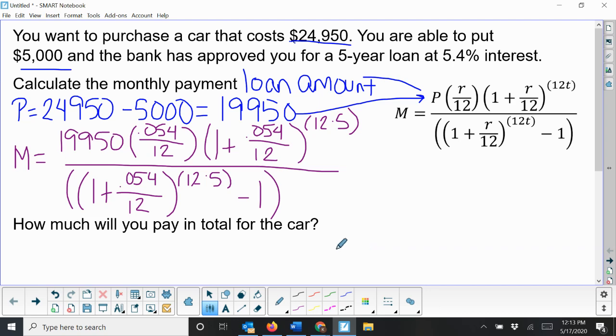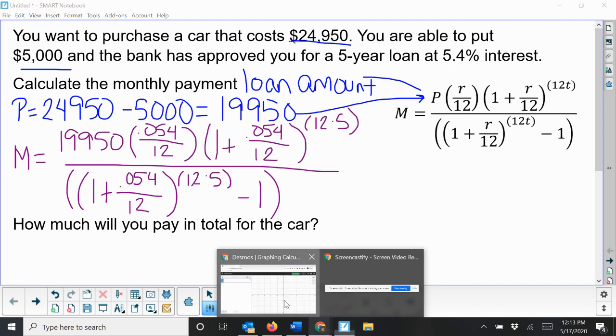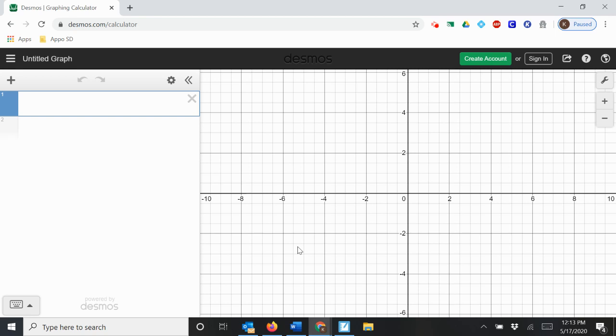So I am going to go to Desmos to type this in. We have our 19,950, divided by. To get out of the fraction, we hit that right arrow button and close those parentheses. Then up in the exponent, make sure that exponent is in parentheses, 12 times 5.